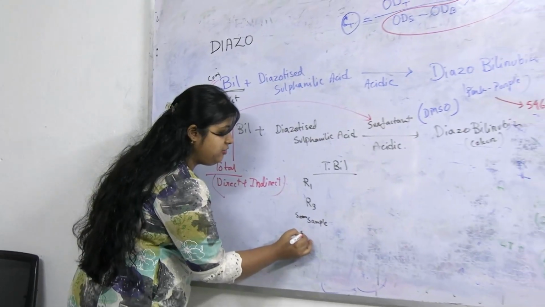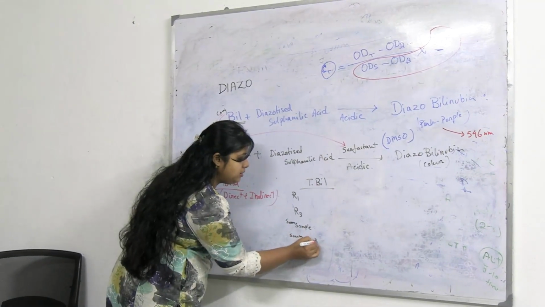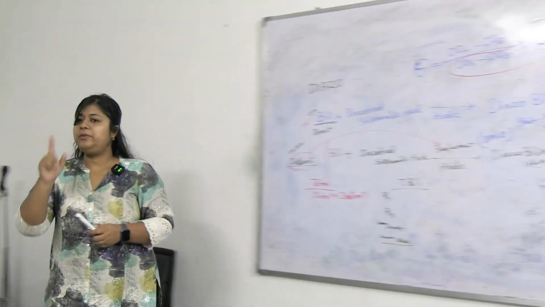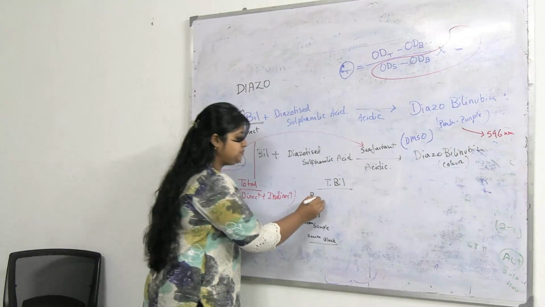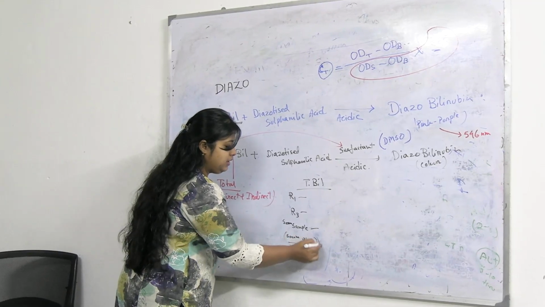This is because there may be other substances which will react with the diazo reagent and give color. So, if at all required, we have to estimate a serum blank.